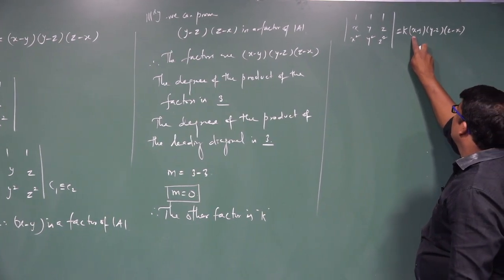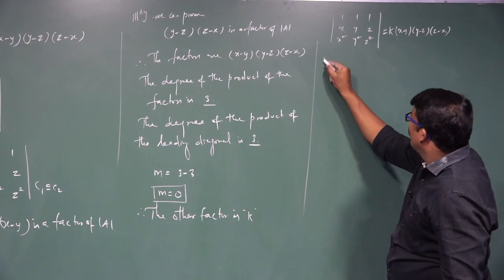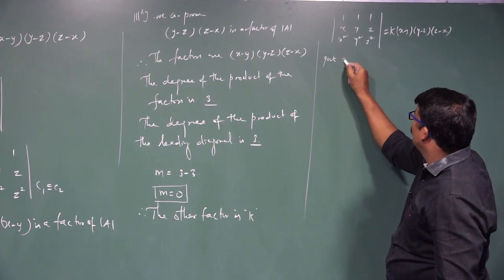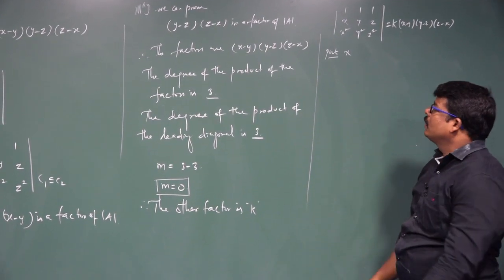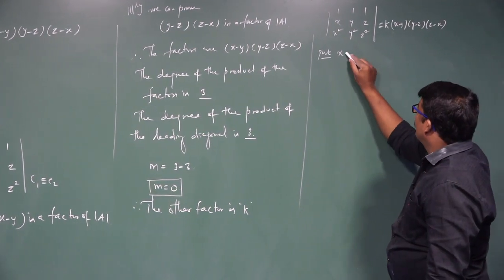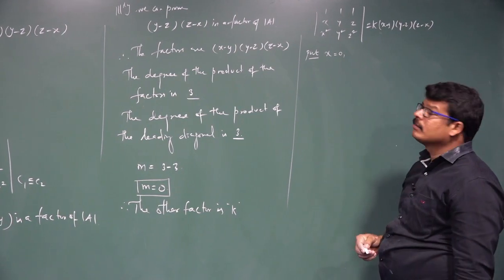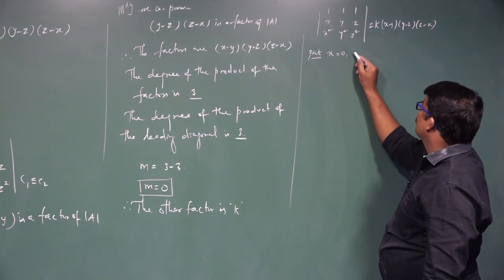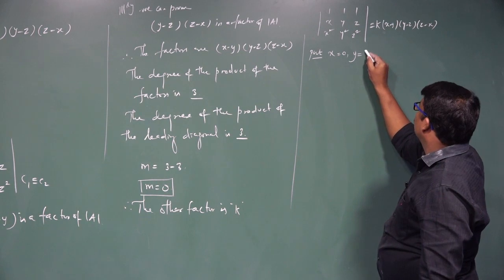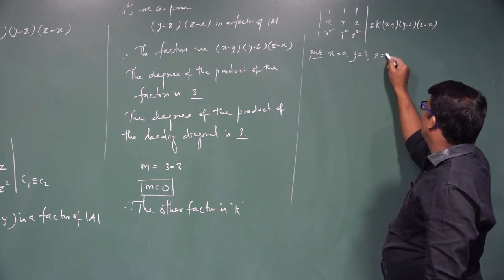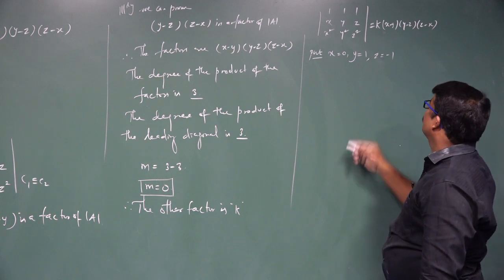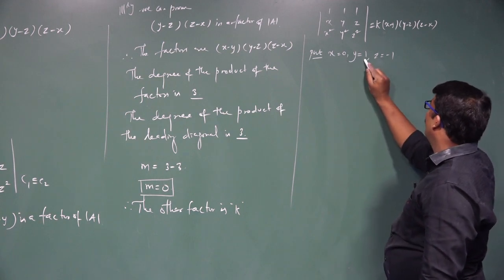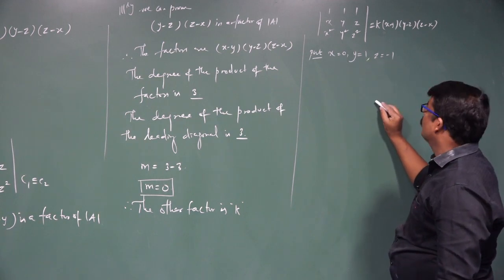To find the k value, put values for x, y, z. Now I am taking x equal to 0, y equal to 1, and z equal to minus 1.